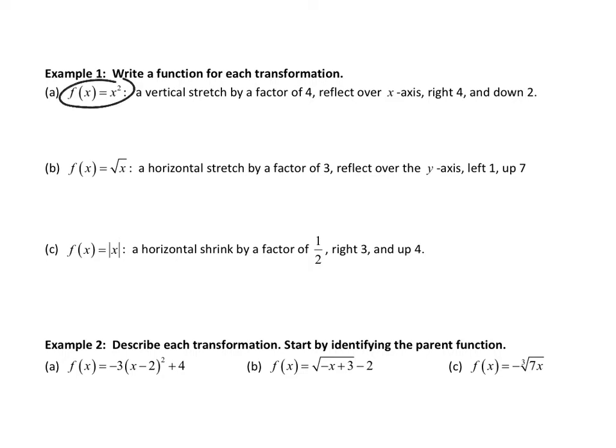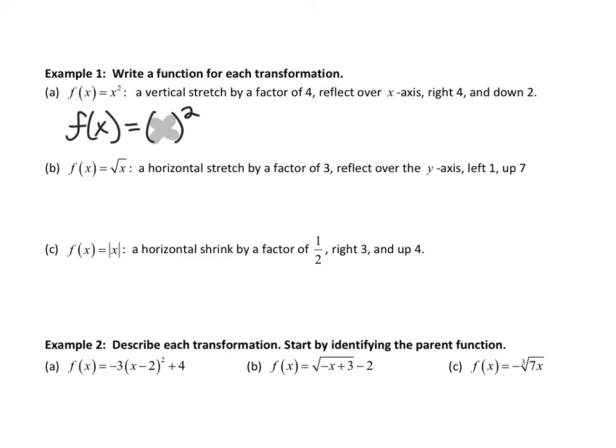This is the quadratic parent function for the first one. And when we use the quadratic parent function, we need to designate what our inside is so that we know how to multiply things outside and inside. So if I'm doing f of x equal to x squared, I have to make sure that I know what's inside the function. This is a squaring function, so that means this x is on the inside.